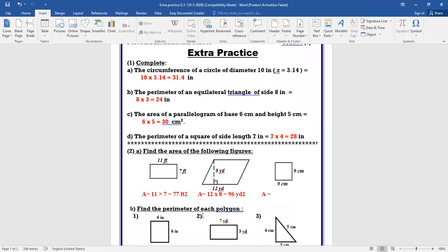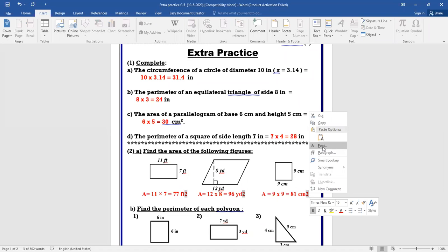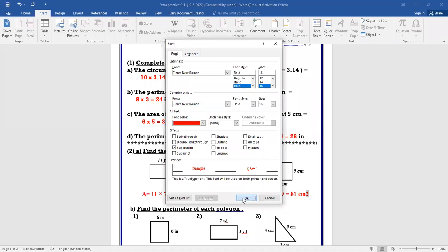So this one will be 9 multiplied by 9 equals 81 centimeter power of 2. Okay.